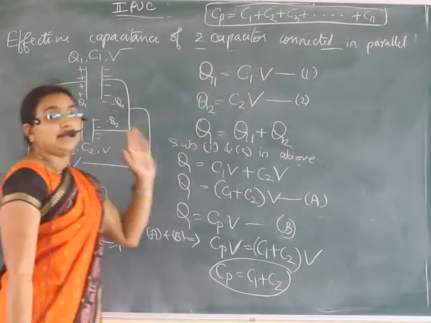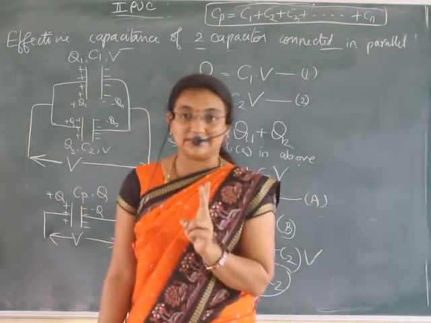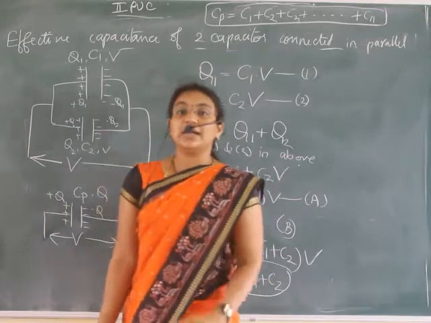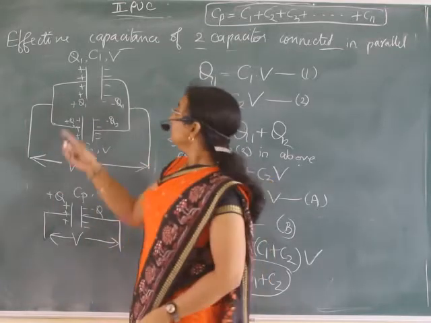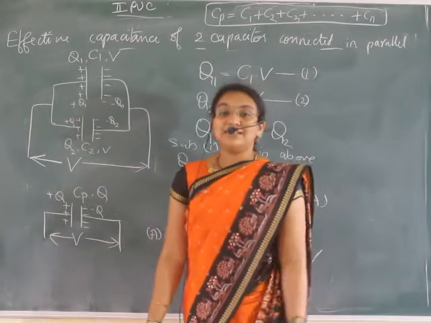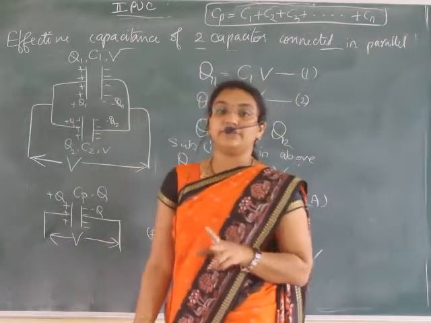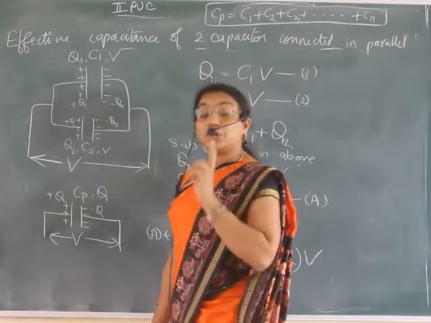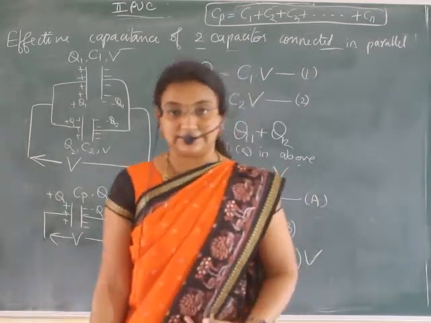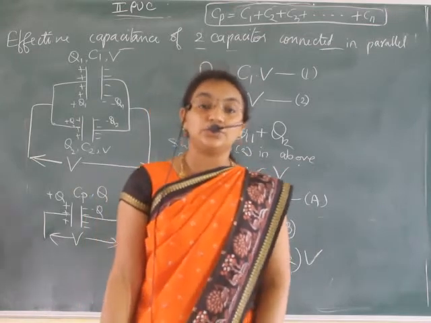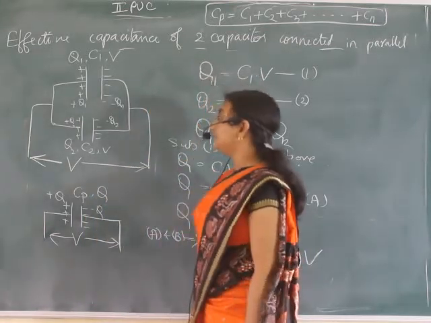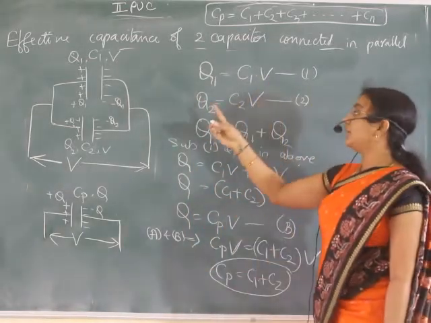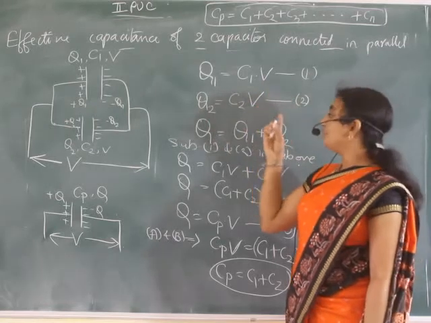So, what we have done: let us consider two capacitors of capacitance C1 and C2 connected in parallel. Therefore, the potential difference across the two capacitors is the same, that is V. Let Q1 be the charge stored in the first capacitor and Q2 be the charge stored in the second capacitor. Then Q1 is equal to C1V and Q2 is equal to C2V.